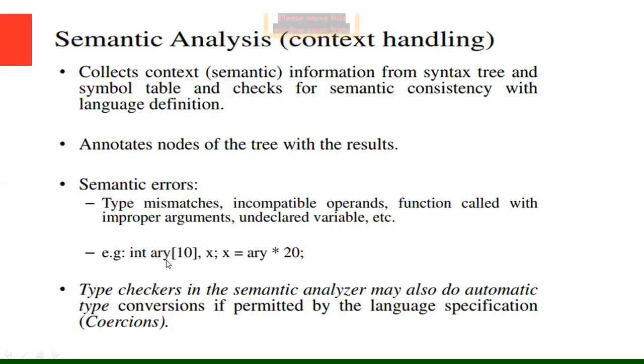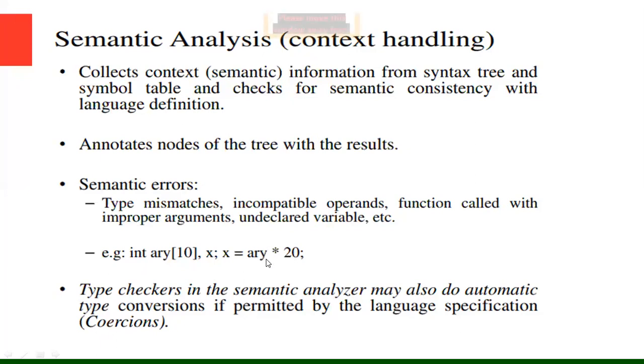So int ARY. So int is the data type and ARY is the array name with size 10, comma x. x is another variable of type integer and x is equals to ARY into 20. So it is not a correct statement. Why? Because int ARY is an array data type. So we are not specifying ARY with size.